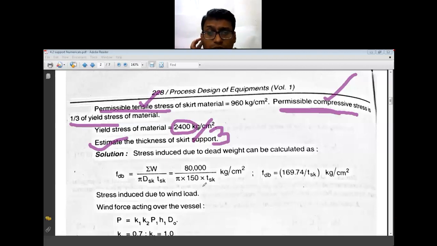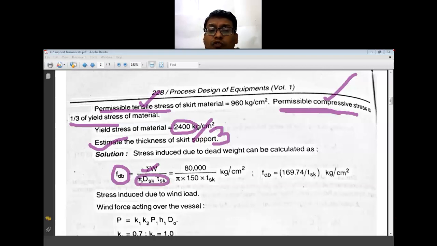That is 2400 divided by 3, because it is 1/3 of the yield stresses. The permissible compressive stresses are nothing but 800 kgs per centimeter square, and the tensile stresses are 960 kgs per centimeter square.